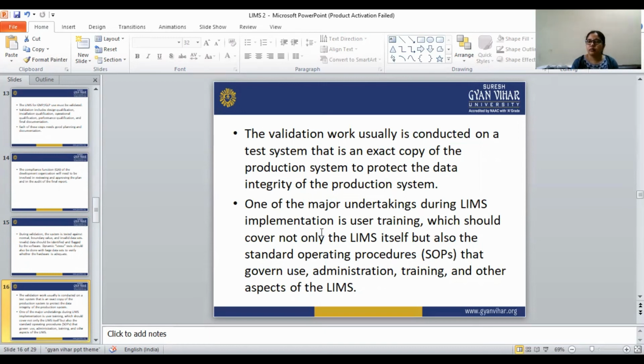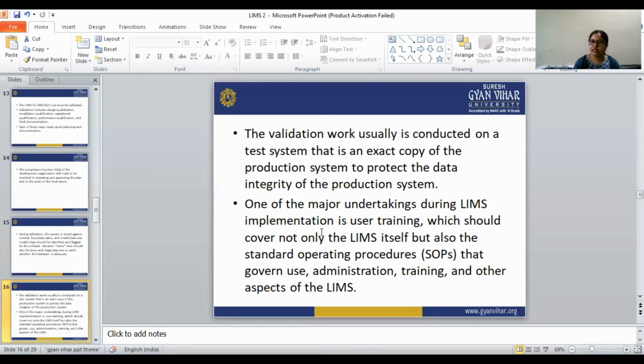One of the major undertakings is user training. The customer side must be trained. They have to learn how to use the LIMS and all the standard operating procedures, which include use, administration, training, and other aspects of the LIMS.